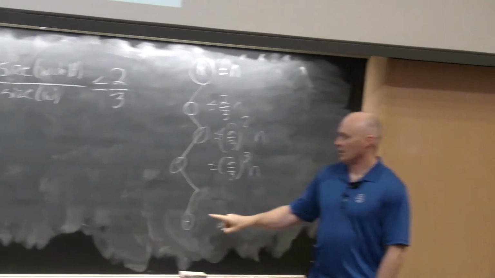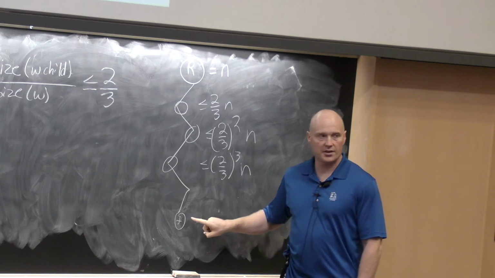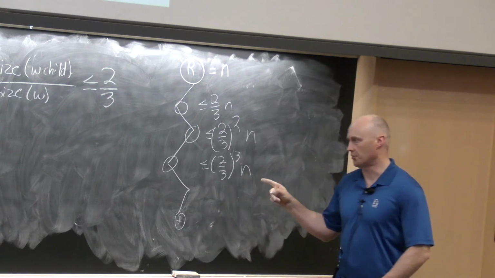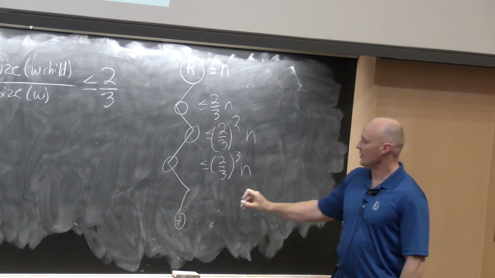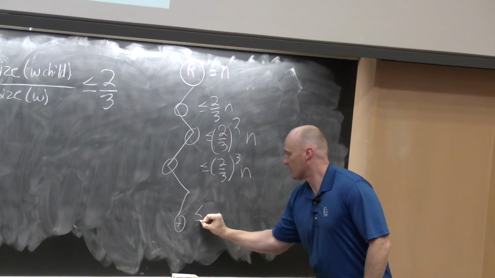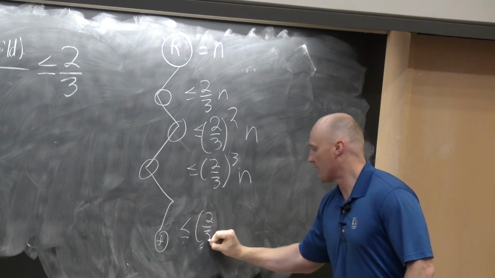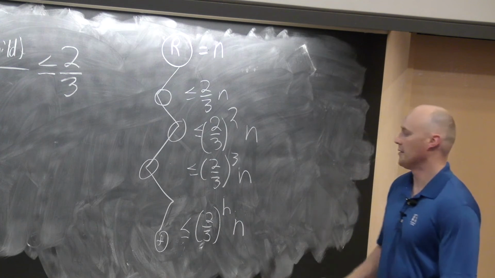And x, if we've increased the height by adding x, that means the depth of x is equal to the height of the tree. So we go all the way down. This is at most 2/3 to the height times n.